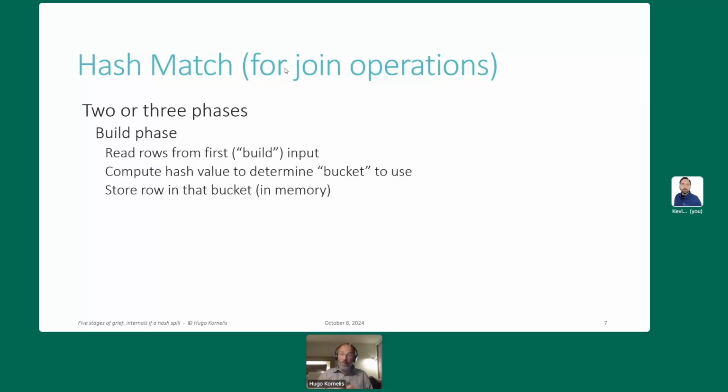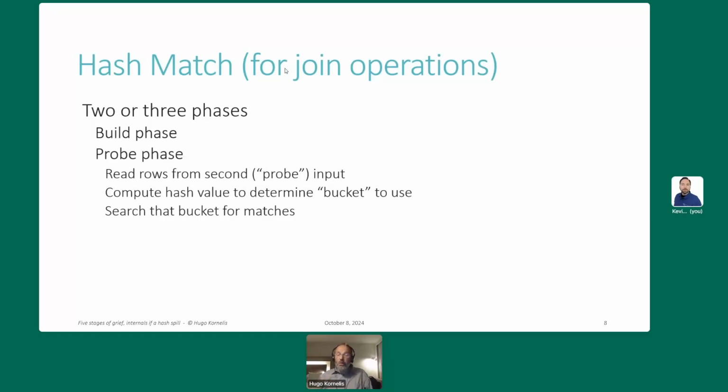First, there's always the build phase, where the top input of the hash match is read, and all the data from that top input is stored in memory in a so-called hash table for easy retrieval during the next phase. Point here is that everything that is read in the build phase, all the input, has to go in memory.